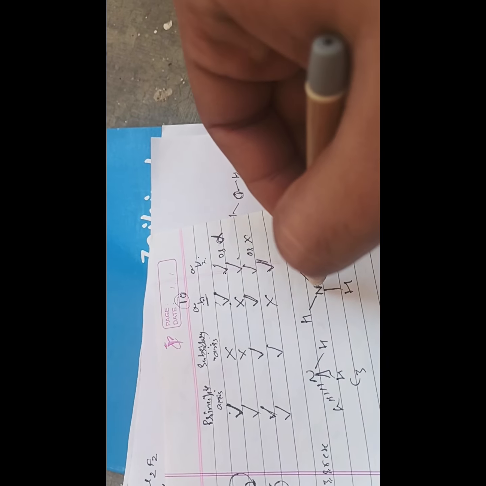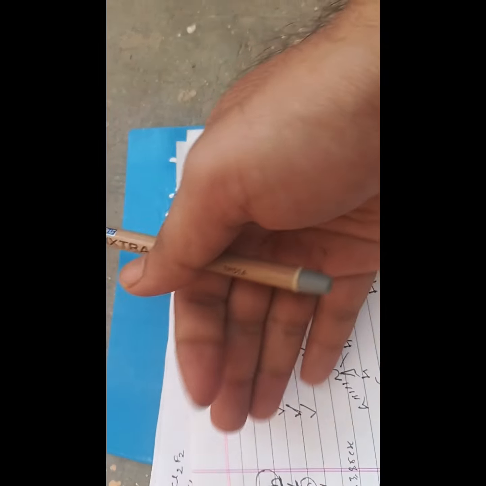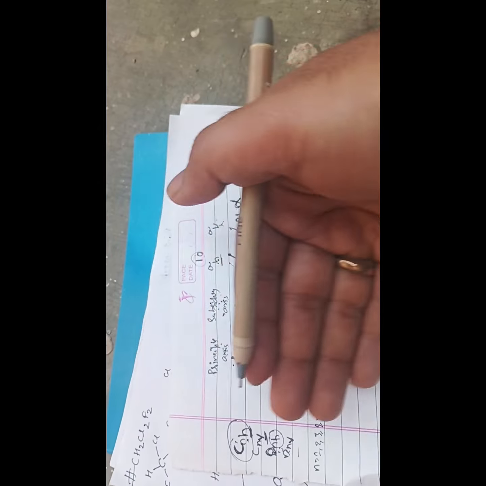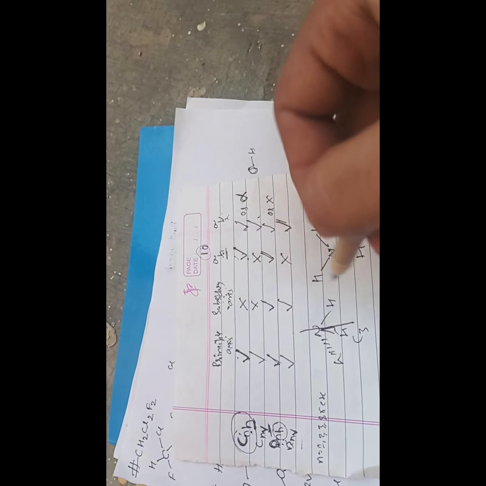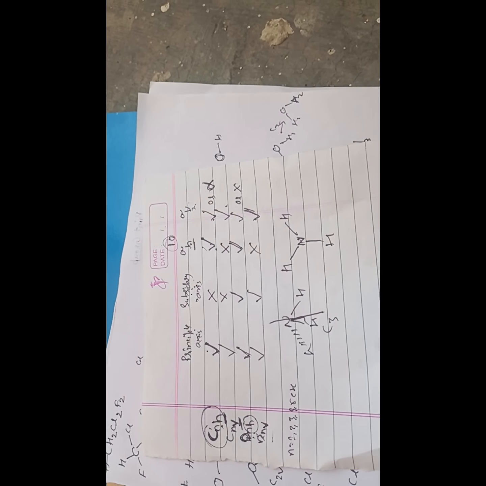Hence there will be an axis passing through here, so there will be planes like here, and also there will be cutting off like this. Hence there will be no horizontal plane, but there is a vertical plane. You understand?